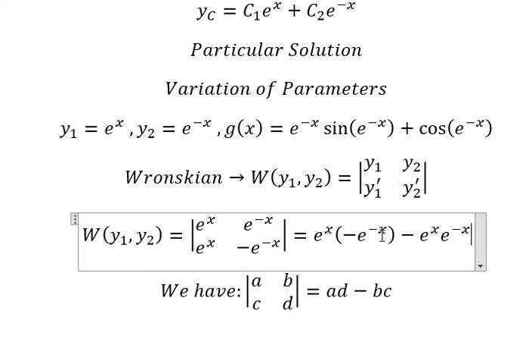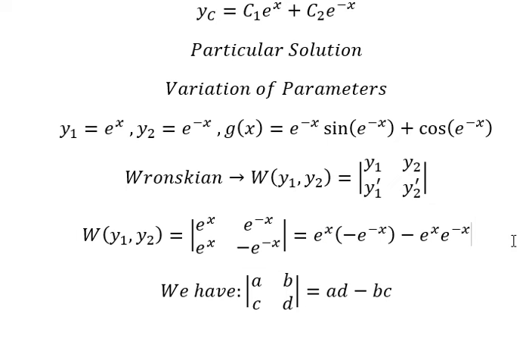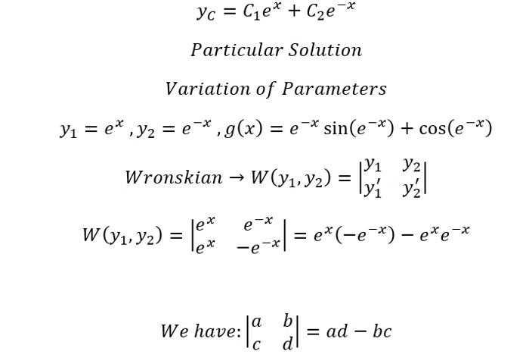This one and this one give 1, because s minus s is 0, and e to the power of 0 is 1. So we have negative 1 with negative 1 because of the negative sign here, and this gives negative 2.